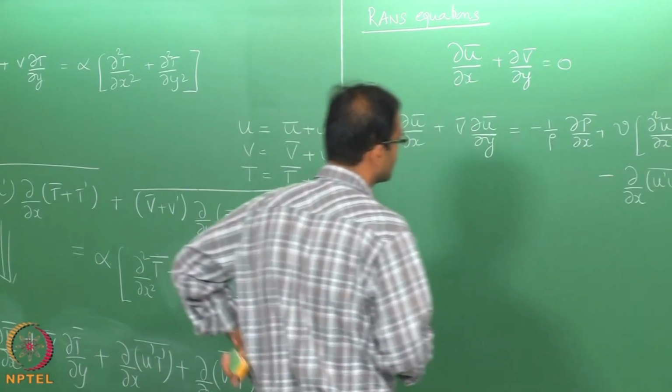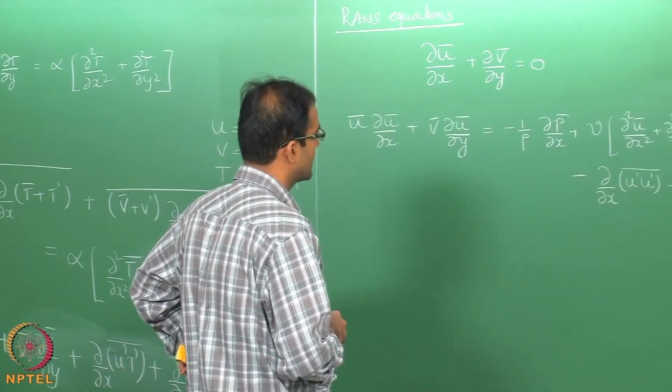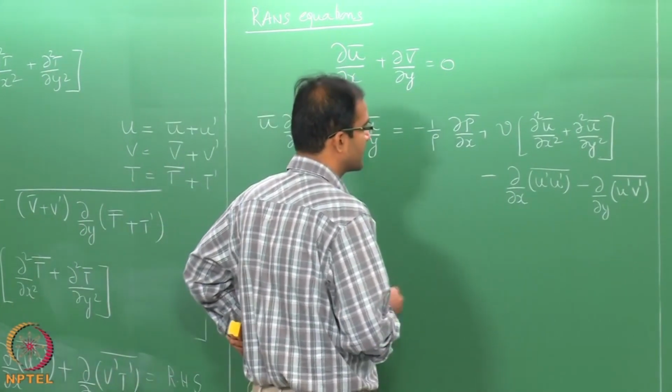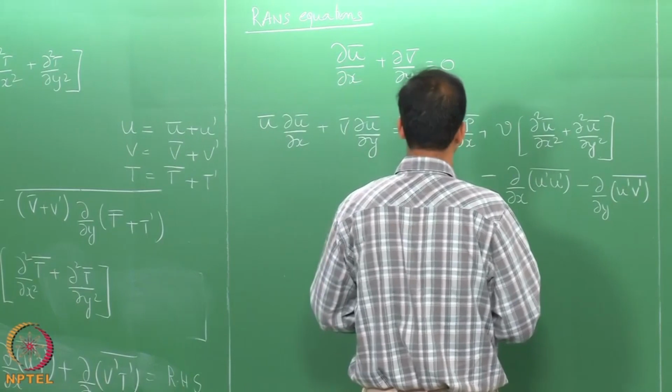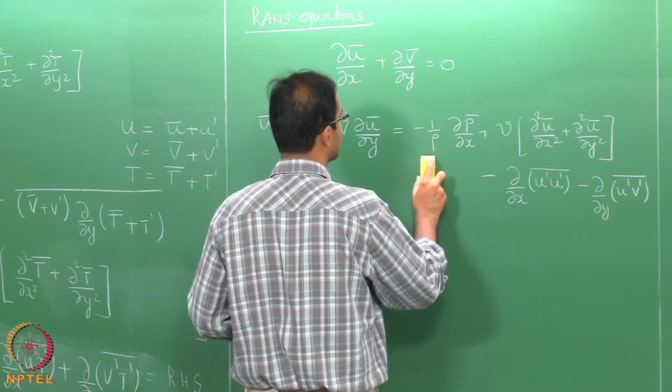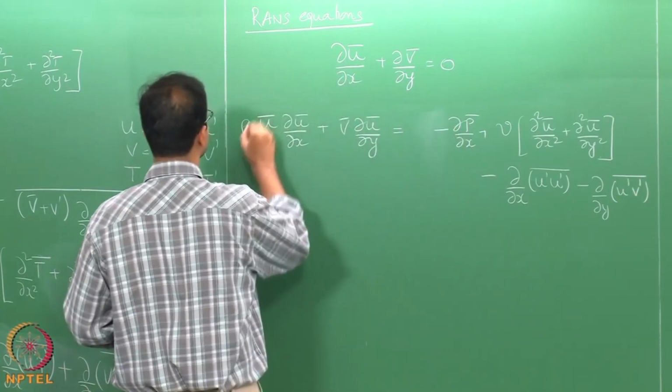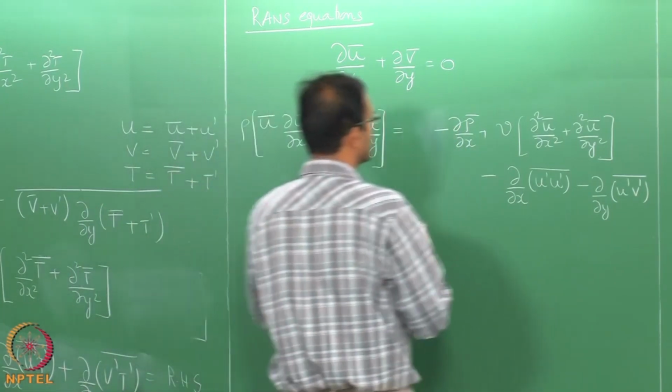Now, if you observe the way that we have written this, we can also write this. Let me multiply throughout by rho first. Let me keep the rho here.